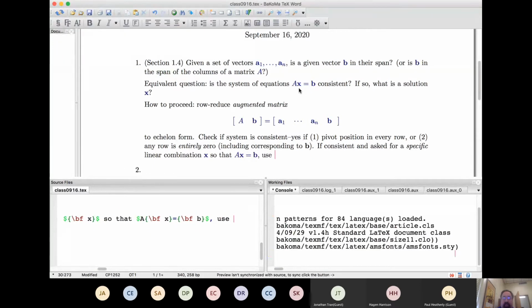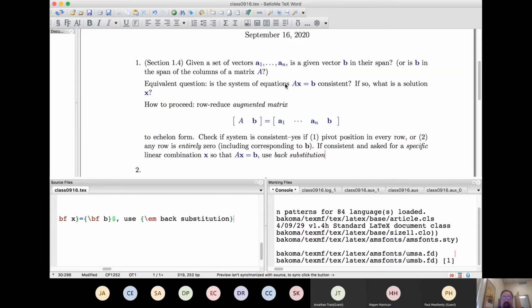Then use what I referred to before as back substitution, where you obtain the values of the unknowns by starting from the last equation, which is the simplest, solving it, and then substituting values in the equations above it to get formulas for all the unknowns.